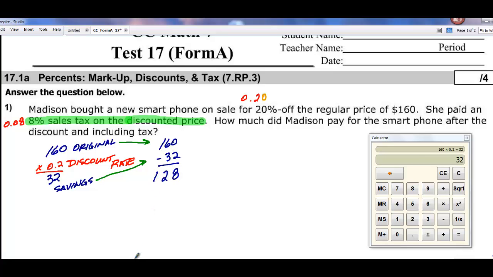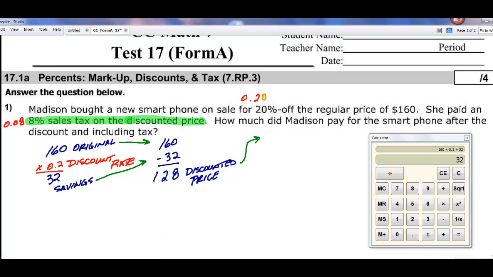And we have $128. That $128 is the discount price. It's helpful if you use the same labels that they use in the problem. So discount price. Actually, they call it discounted, so I'll make that discounted price.